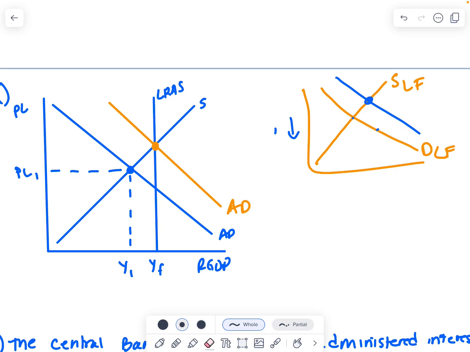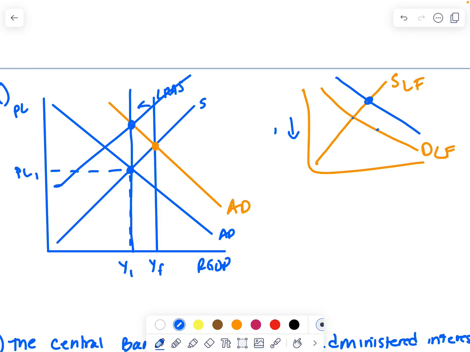Short run aggregate supply could shift to the left because there'd be less investment, and that would bring the long run to the left. Because of the concept of crowding out, right? So when real interest rates discourage private investment, that answer for me is kind of the last one that I would ever think about as a student of this.